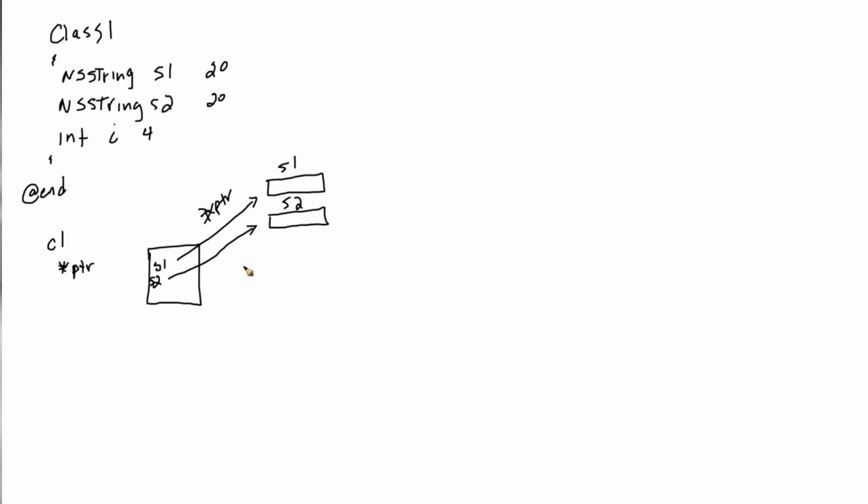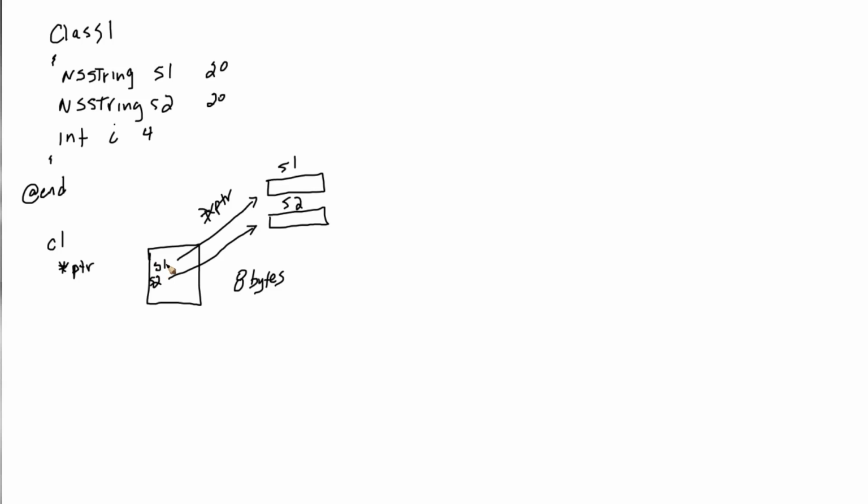Now, let's just for argument's sake say a pointer takes up 8 bytes, which means that our class, when we create an instance of the class, is a lot smaller than you would think, because instead of holding these bigger, longer strings, it's only holding these smaller addresses to where those strings reside. Now, this does not mean that we're saving memory.